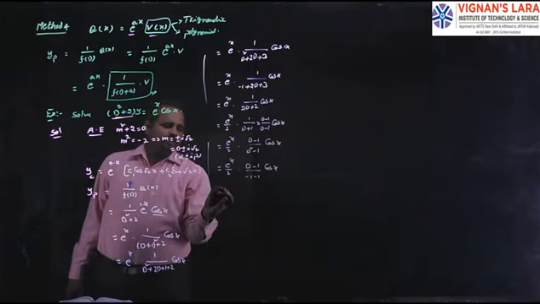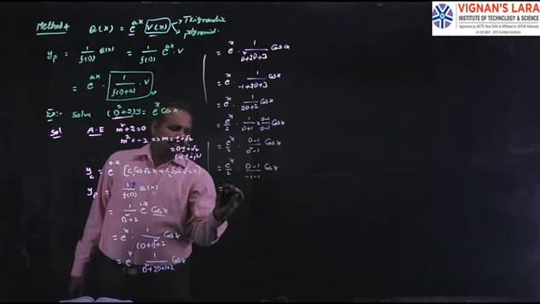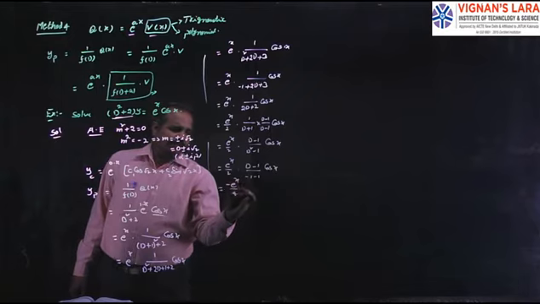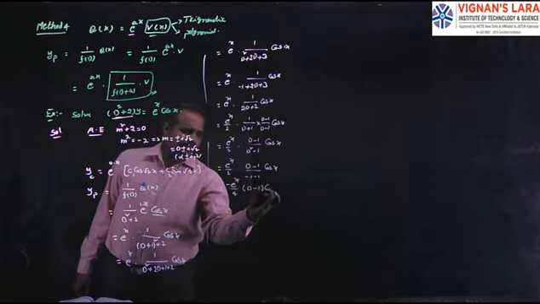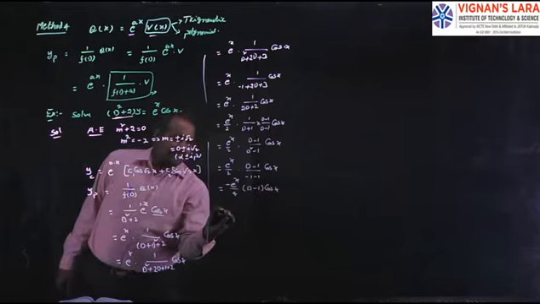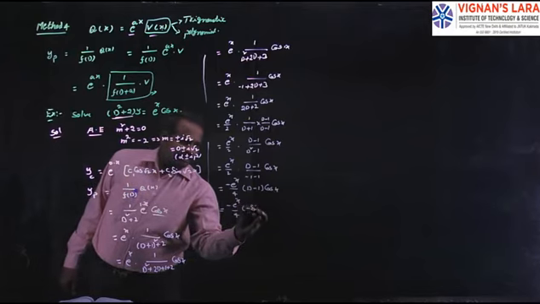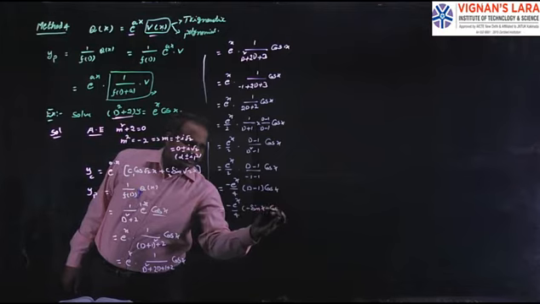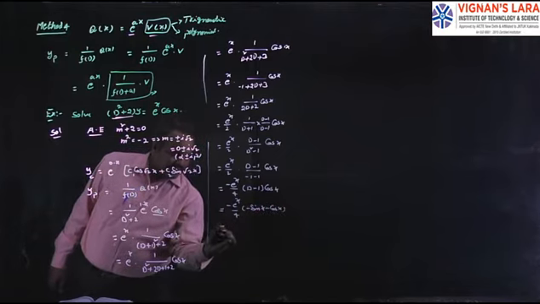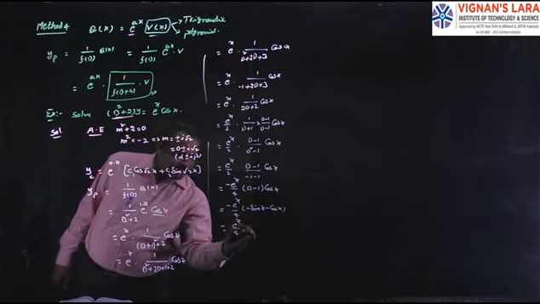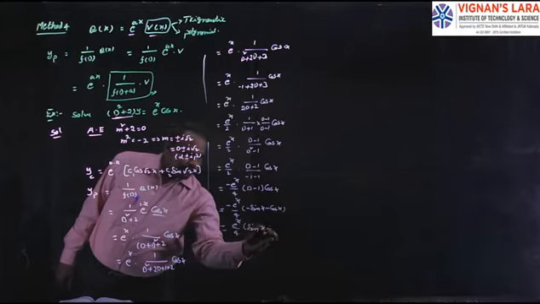Minus 1 minus 1 is minus 2, minus 2 into 2 is minus 4. So minus e power x by 4 into D minus 1 into cos x. Multiply D inside: minus e power x by 4 into the derivative of cos x, minus sin x, minus cos x. Multiply the minus inside, so e power x by 4 into sin x plus cos x.